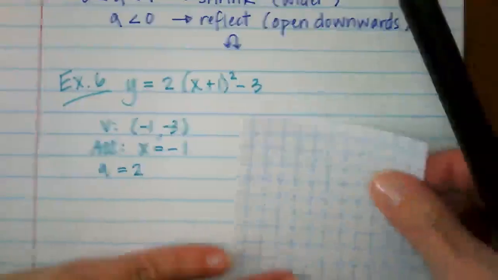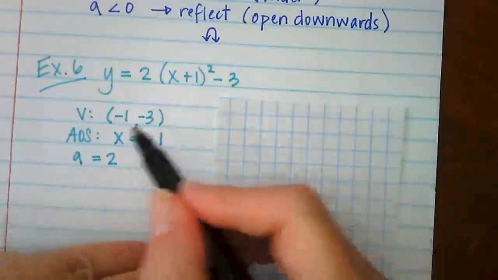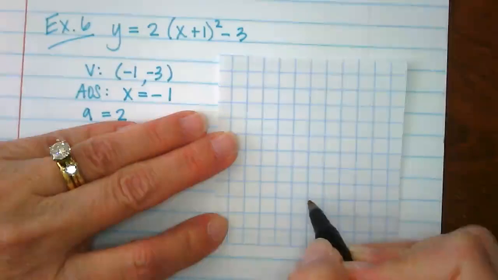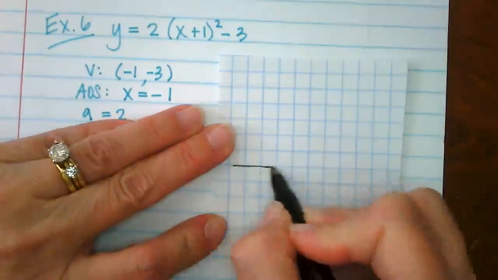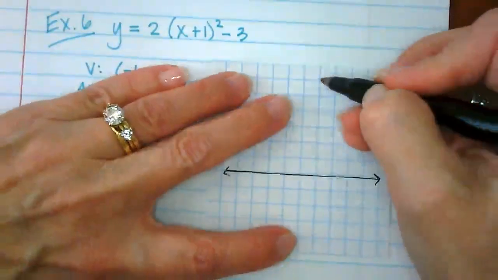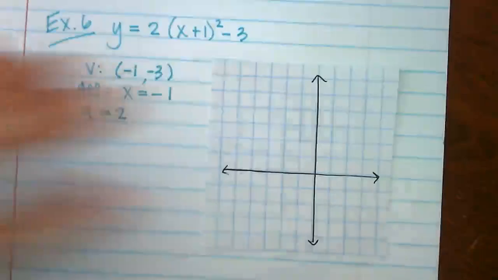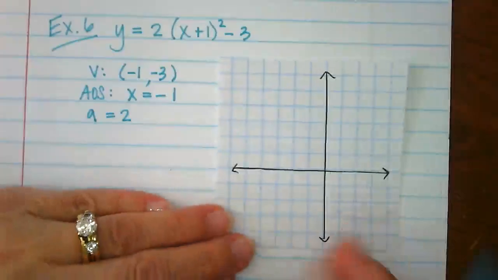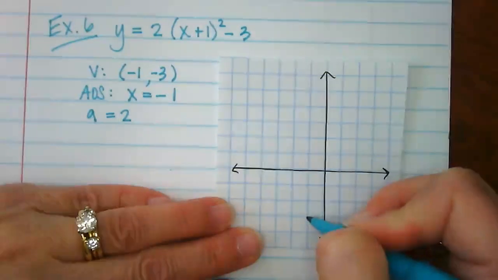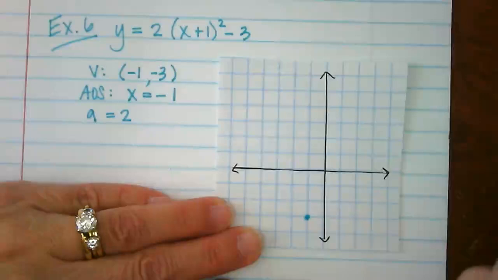So let's go over to the graph paper. I'm going to set my x-axis right here and my y-axis right here. So the vertex (-1, -3) is right there.